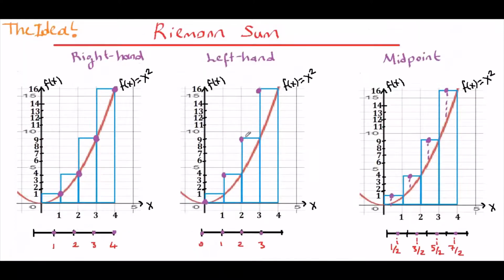Now let's use our example x to the second and approximate this area using 4 rectangles using right hand, left hand, and midpoint.